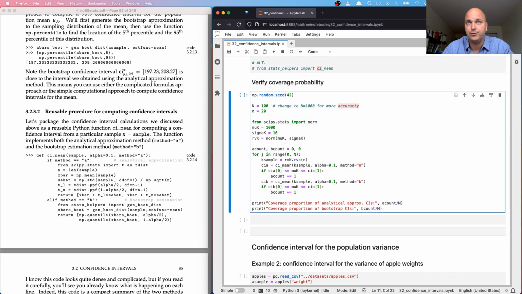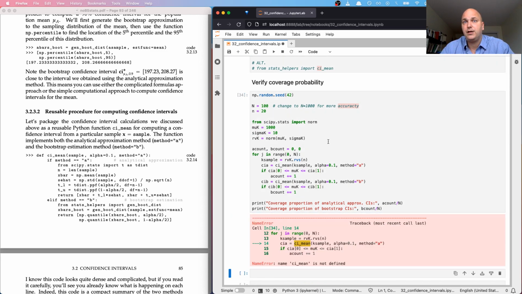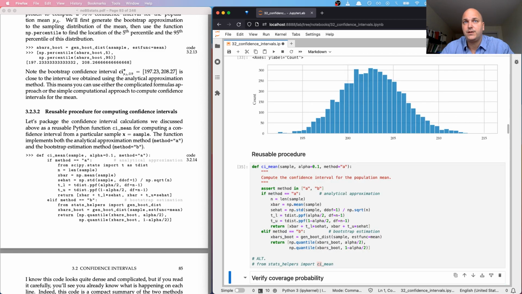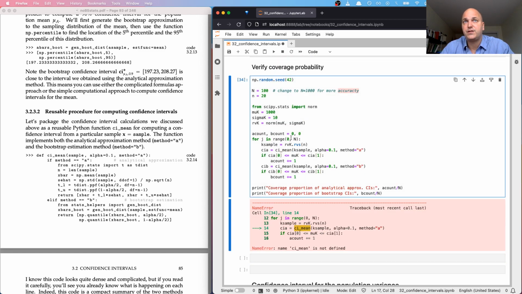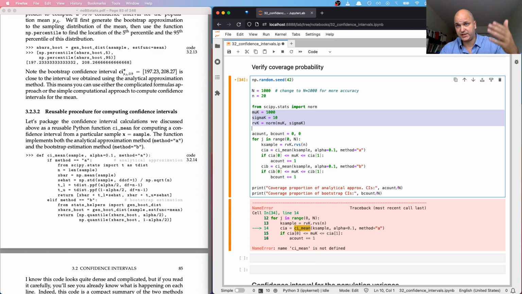What I will show you, maybe I should run this, is a simulation. Let's run 100 simulations. You know what? Let's do 1,000, for samples of size 20. When I'm running the simulation, I can invent a theoretical population.